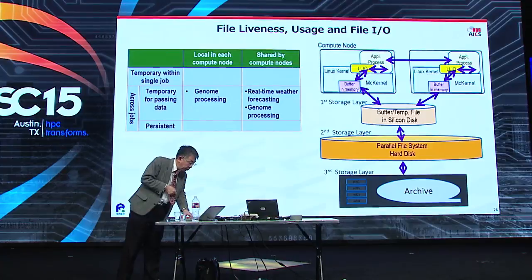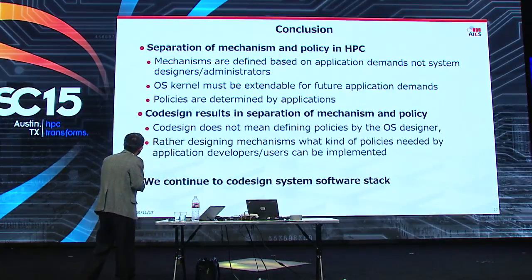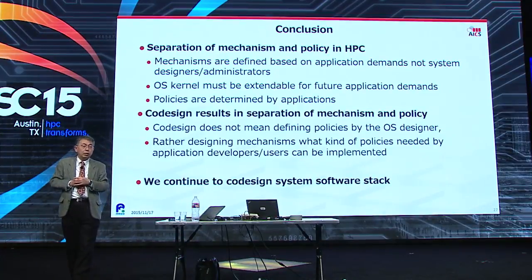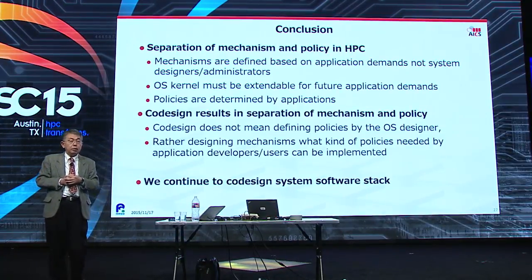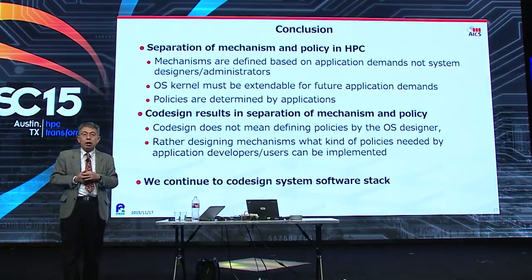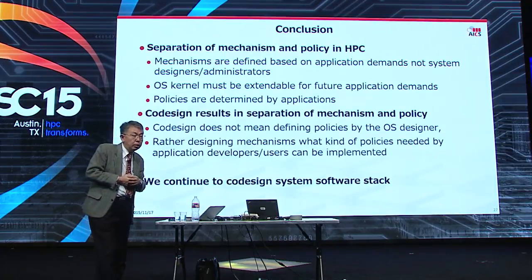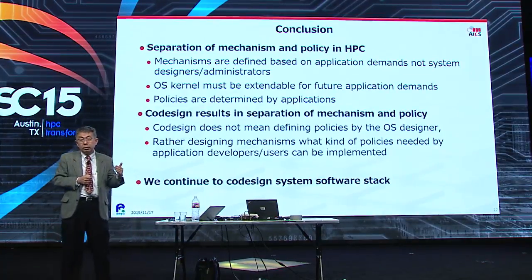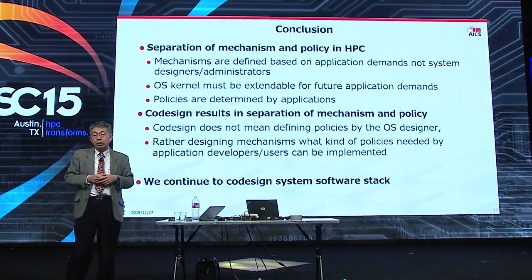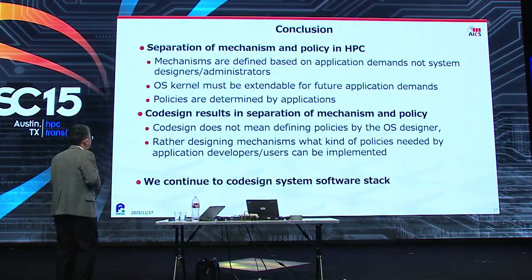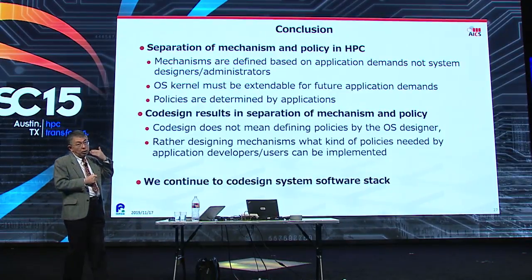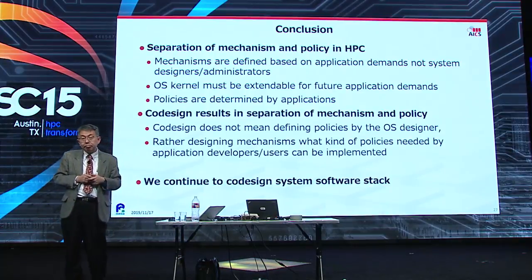Now going to the conclusion. I have been presenting how the separation of mechanism and policy is important in HPC. Mechanisms are defined based on application demands, not by the system designer and administrator. The OS kernel must be extendable for future application demands, I mean, to design a new mechanism.